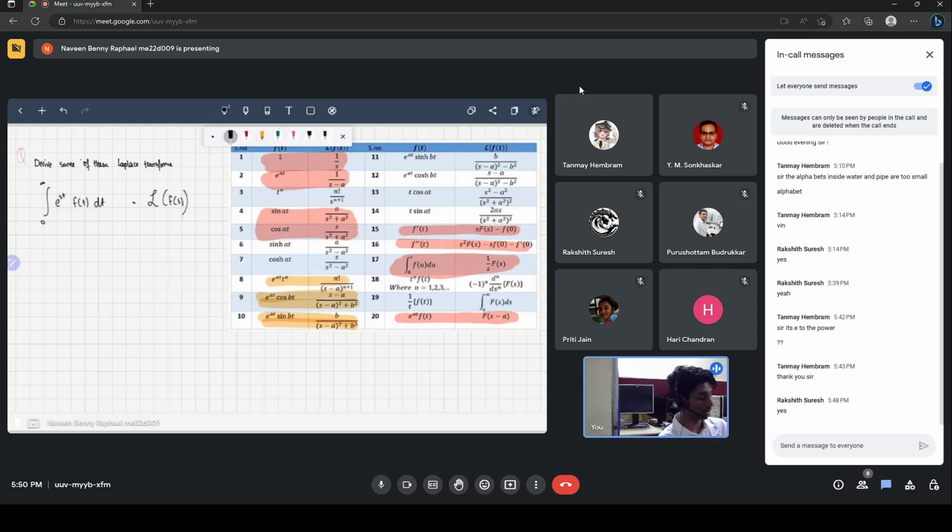So let's do the Laplace transform of e to the power at. I think I've missed a minus sign. Yeah, there's a minus sign here.